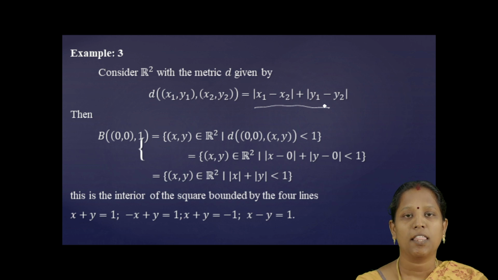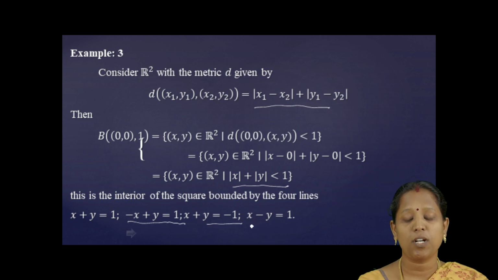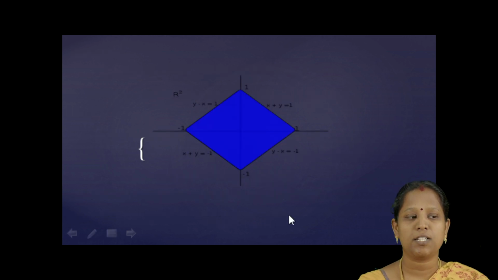So here the open ball with the center as origin and radius 1 is the set of all points (x, y) in R2 such that modulus x plus modulus y is less than 1. This is the square bounded by the 4 lines x plus y equal to 1, x minus y equal to 1, x plus y equal to minus 1 and x minus y equal to minus 1. This is shown in this figure.